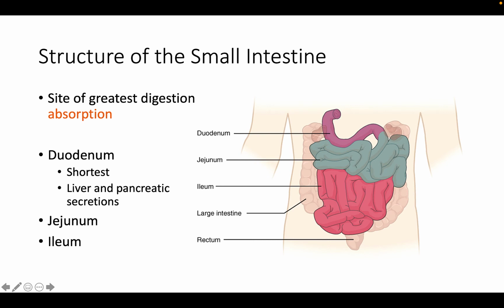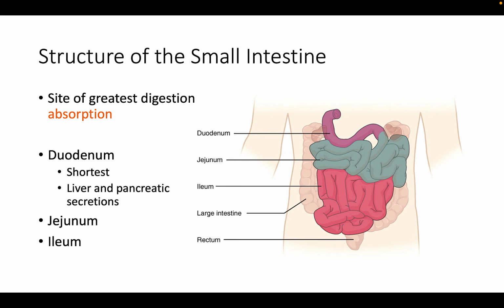So again, not only is this where the most digestion is occurring, it's also where practically all absorption is occurring. The longest part of the alimentary canal is the small intestine, about 10 feet long, which makes it about 5 times longer than the large intestine. You might wonder why it is called small? Well, its name is just based on its smaller diameter compared to the large intestine.